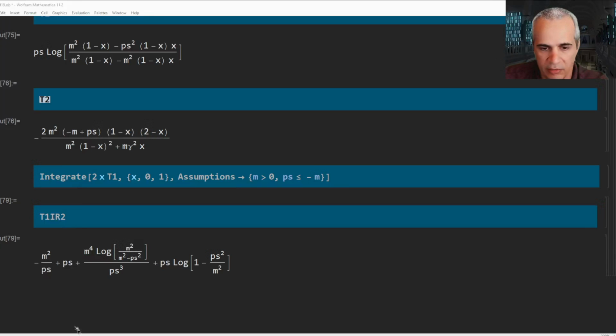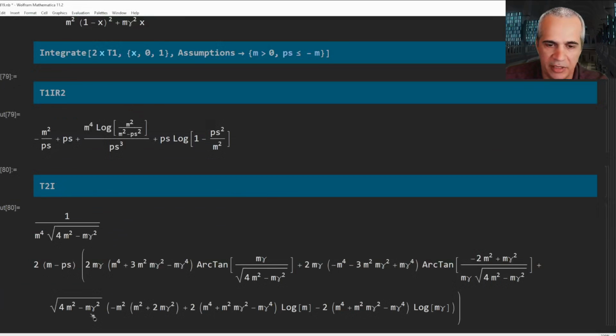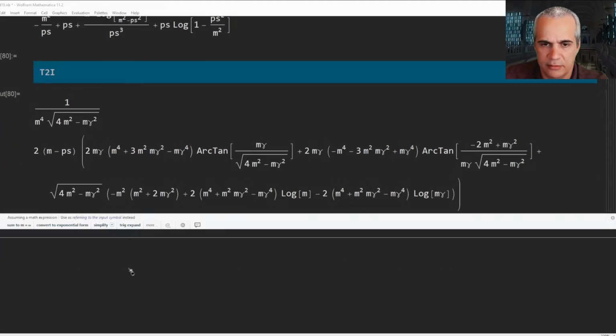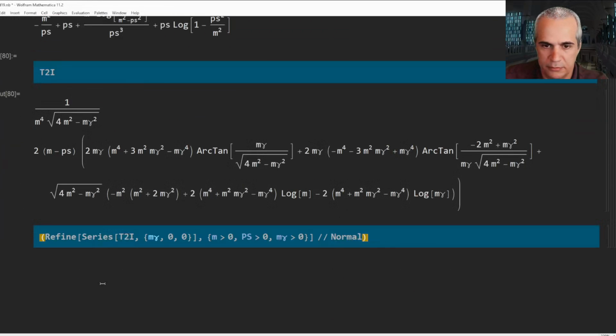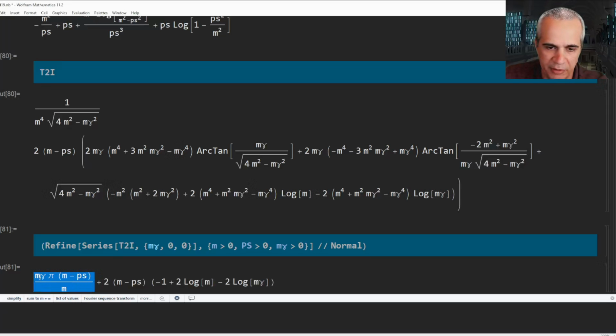It's a fairly complicated expression. This is the result for the integral. Again, there's a lot of powers of m gamma everywhere, but I can take this and refine it in this way. Again, Mathematica is not getting rid of this part here in which I can take m gamma to 0.